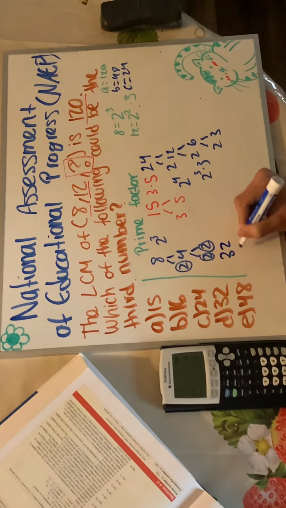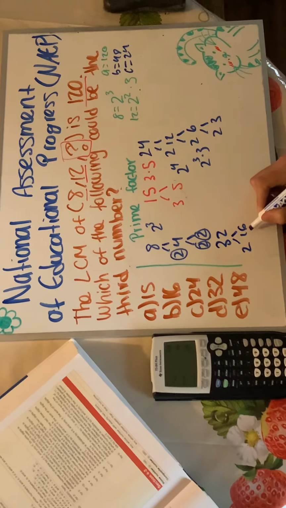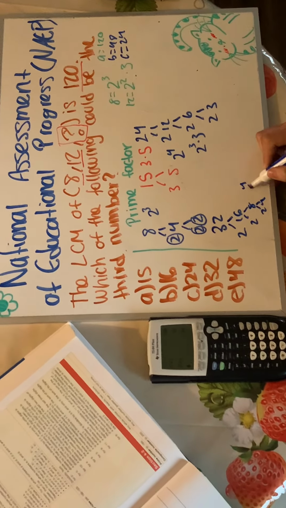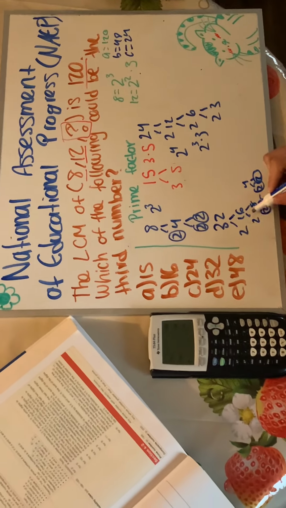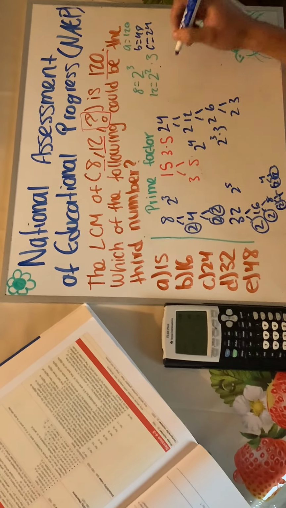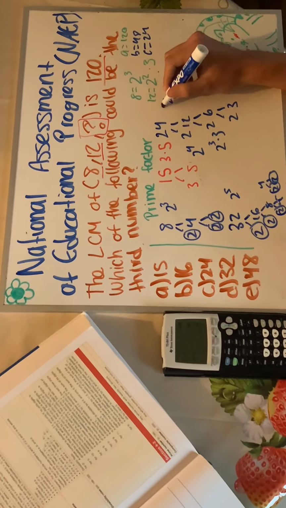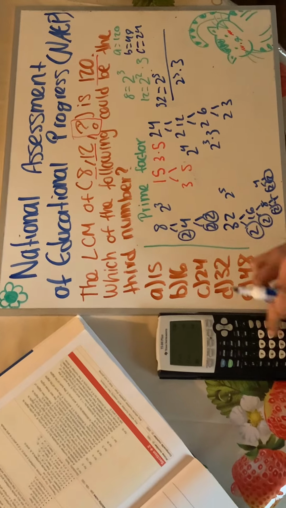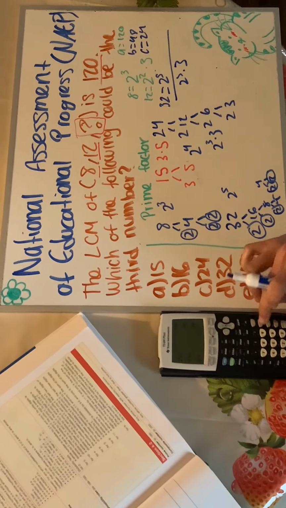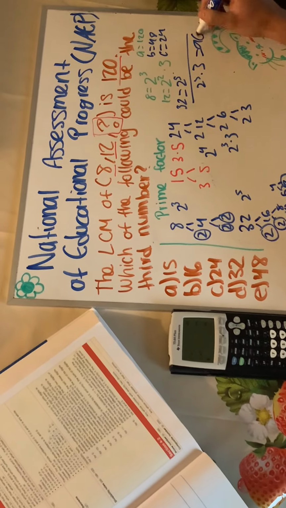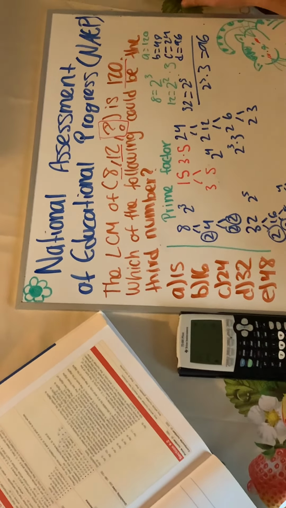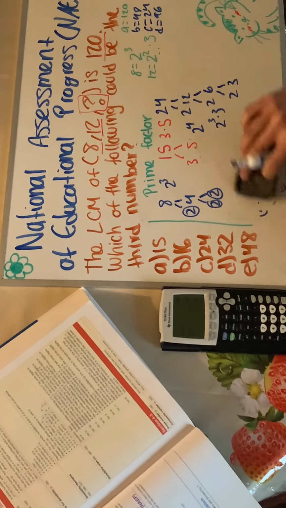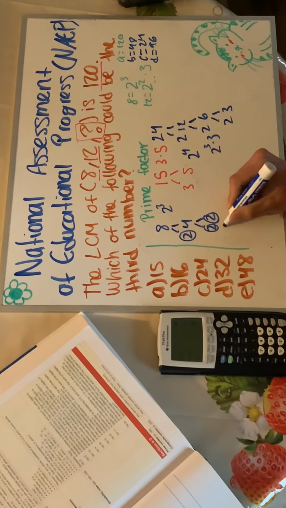So 32, that is 2 and 16. 16 is 2 and 8. 8 is 2 and 4. And 4 is 2 and 2. 1, 2, 3, 4, 5. 2 to the 5th. So 32 is 2 to the 5th. So 2 to the 5th times 3 is 96. And lastly, 48.